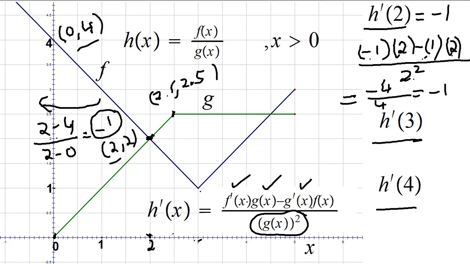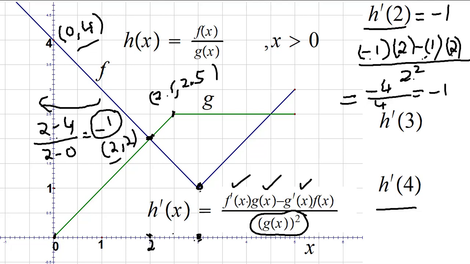So h prime at 2 becomes -1. Now we have to find the derivative of h at 3. Let's try repeating the same process. But when we try it at x equals 3, what we notice is that f is not differentiable at 3.